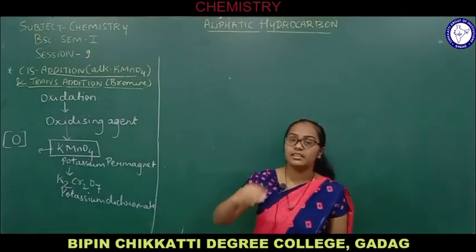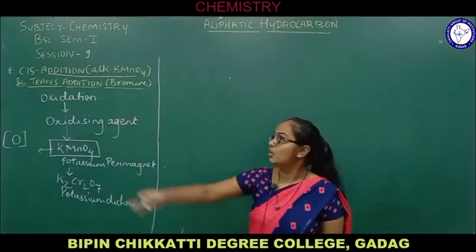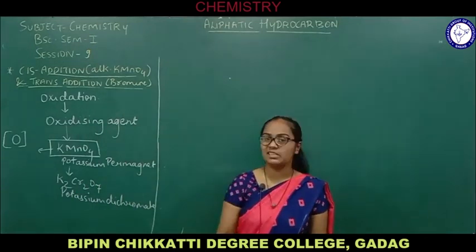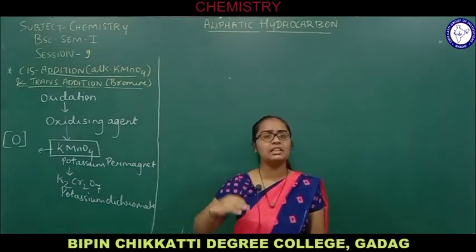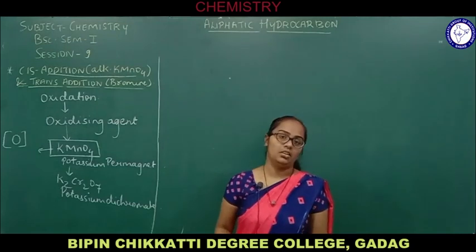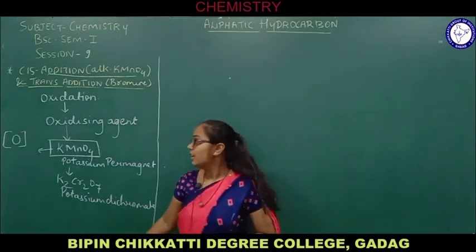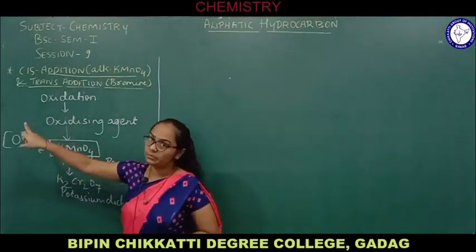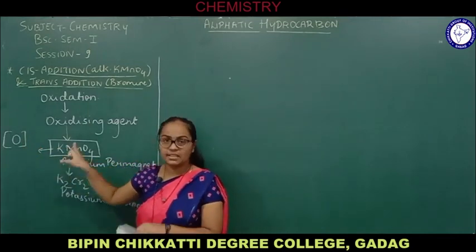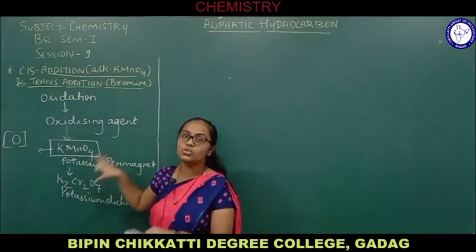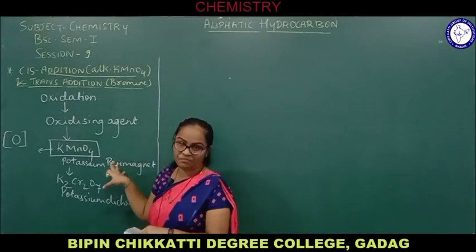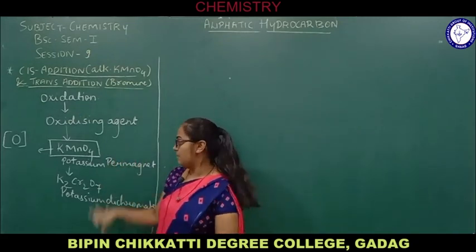Because it has a tendency to produce nascent oxygen. What is the meaning of the word nascent oxygen? The singlet oxygen, which is highly reactive. So the nascent oxygen will be produced when we take an oxidizing agent like potassium permanganate.